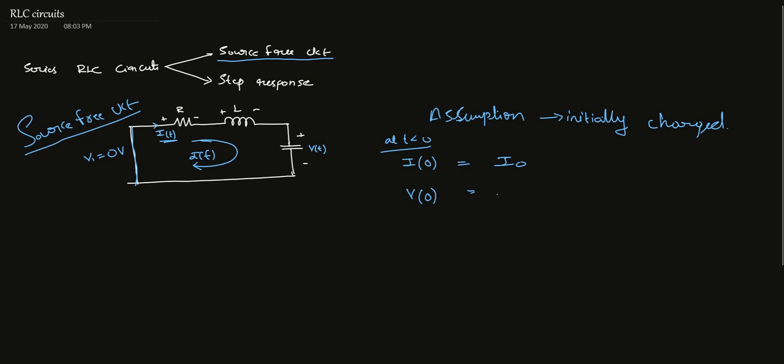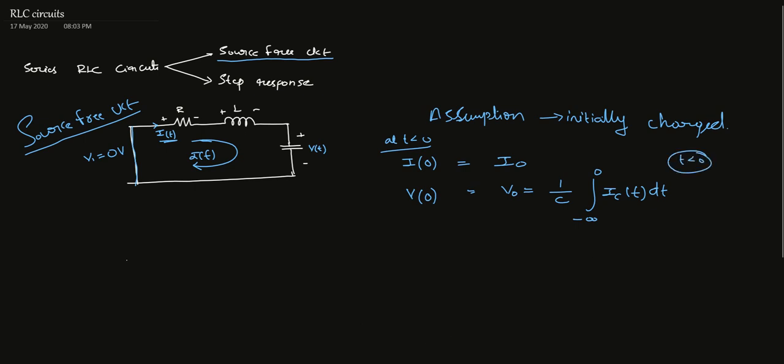That initial voltage of the capacitor we call V naught. So V naught is equal to 1 by C times the integral from minus infinity to 0 of IC of t dt, that is, for t less than 0.